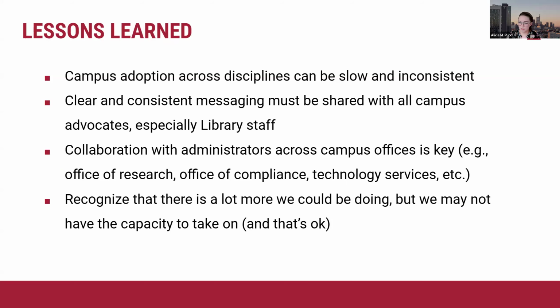And that's to be expected considering a variety of factors, and some of them are not really totally within our control. And these 2 bullets that follow are sort of in response to this, which is to say that we've learned that clear and consistent messaging must be drafted and shared with all campus advocates, especially library staff who are doing the bulk of these promotional efforts.